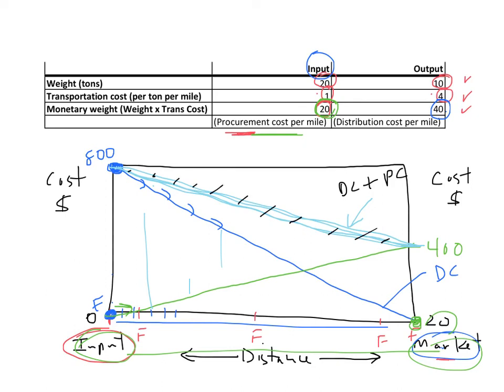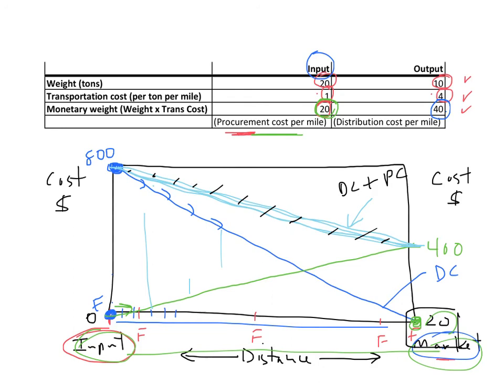What is the firm going to do? It's going to choose the location where the total cost of distribution plus procurement is minimized. In this case, that's going to be locating the factory near the market. How do we know that, without drawing this whole diagram?